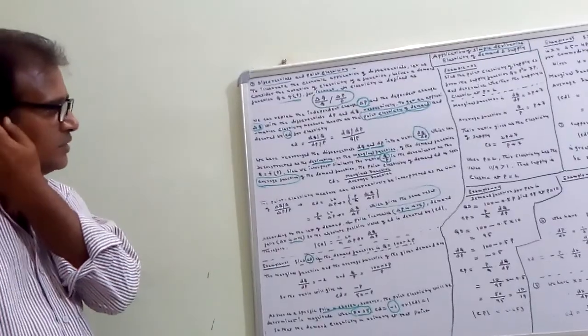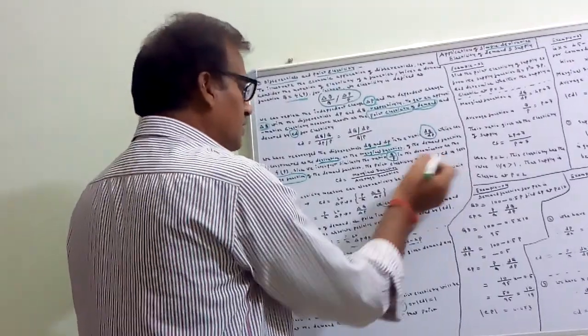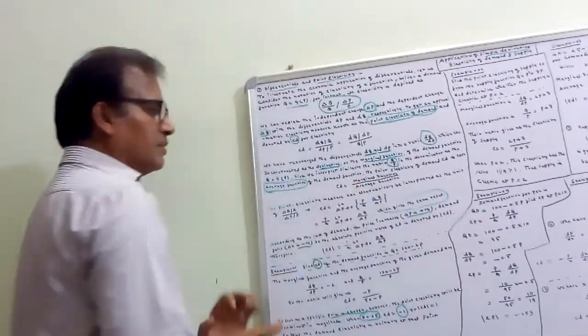And point elasticity of demand ED is seen as ED equal to marginal function divided by average function.